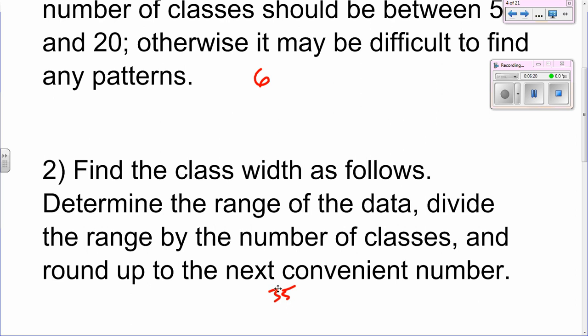So I divide the range by the number of classes, 35 divided by 6, which is going to give me 5.7, something like that. But you're going to round up to the next convenient number. So you're going to make your class width 6.